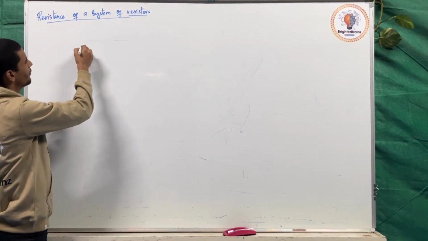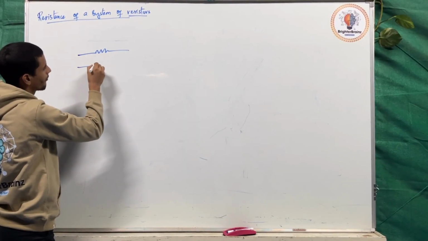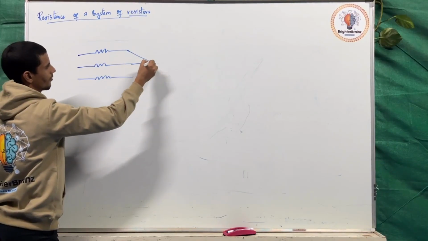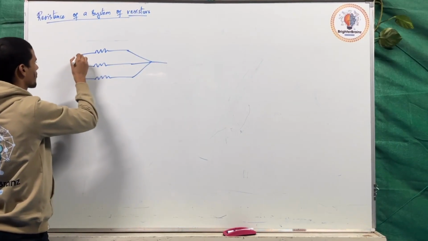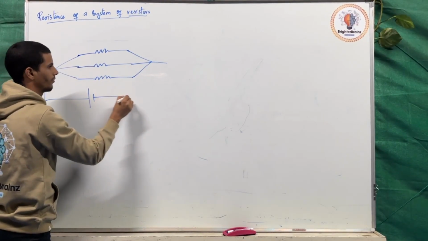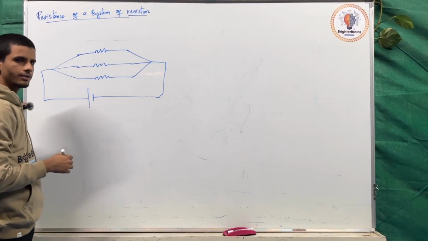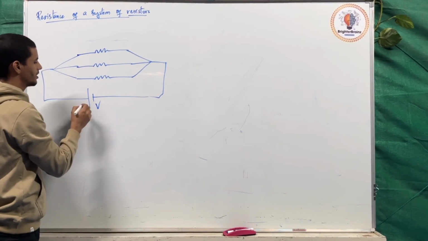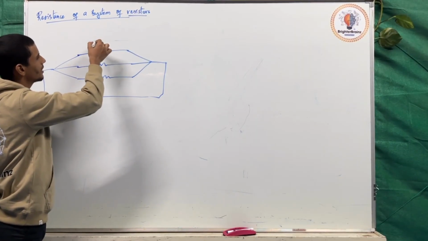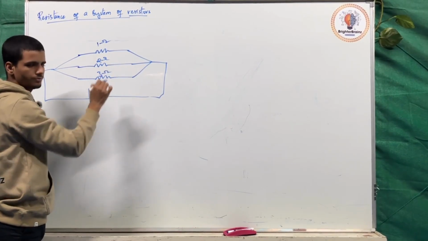If a circuit diagram is in this way, see these three resistors are connected with potential difference V. Let me say this is 1 ohm, this is 2 ohm and this is 3 ohms.